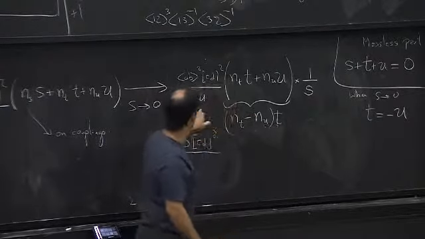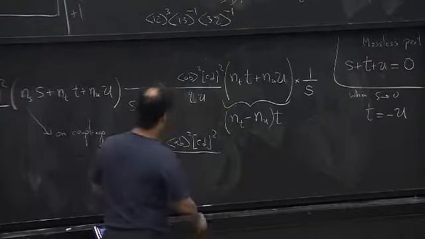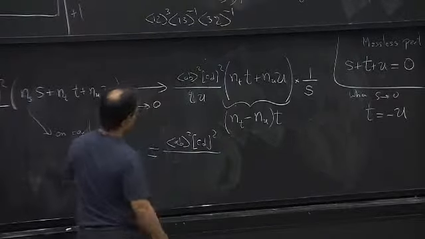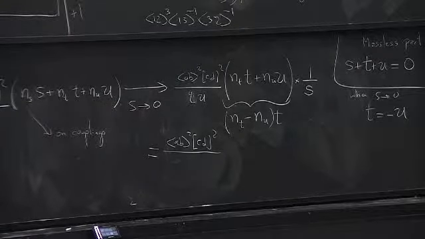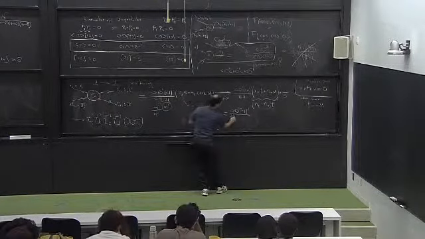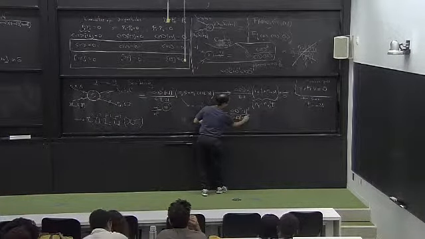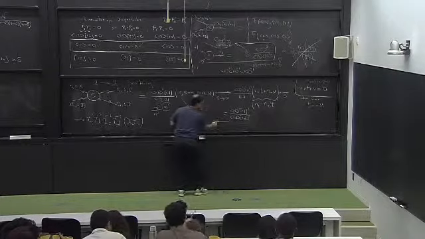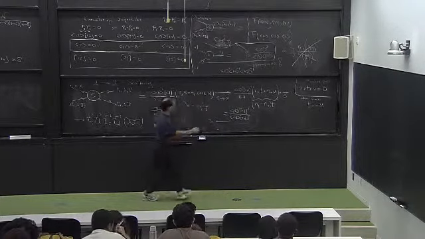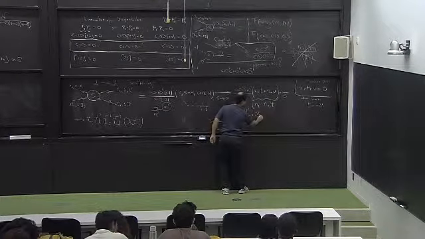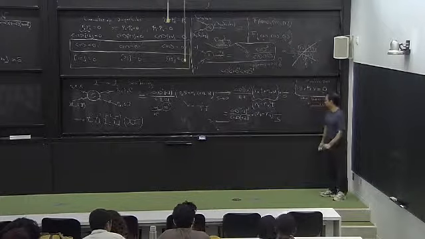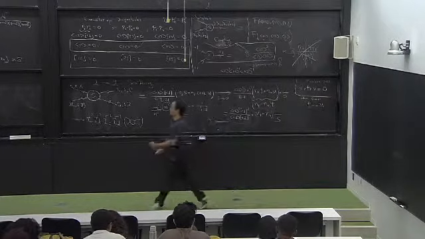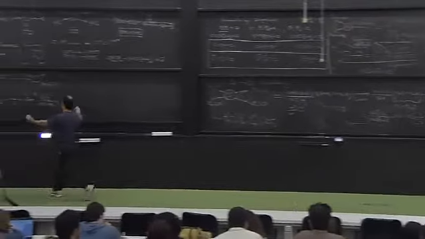Now this T cancels this T, so we get only the U. And the U in our notation is AD times AD. This is U times NT minus NU, 1 over S. All right? So we're almost there and almost on time.